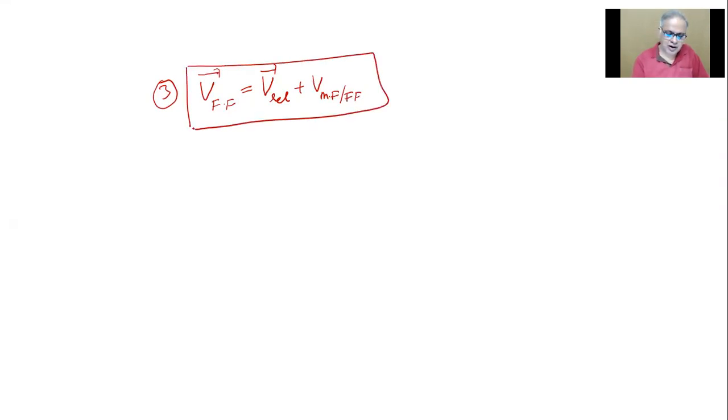This is one way. Or velocity of a body in the ground frame is equal to velocity of the body relative to the ground plus velocity of the moving frame with respect to the ground frame, whichever way you want to write.